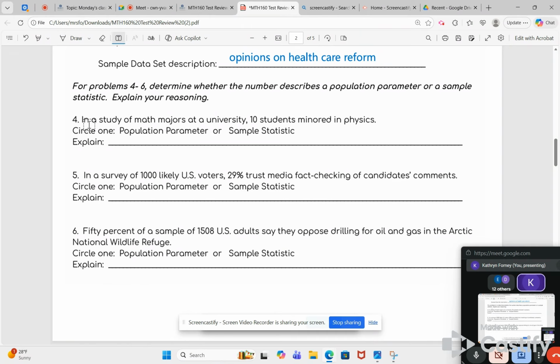So, in this case, in a study of math majors at a university, did they look at just a portion of math majors or did they look at all the math majors?